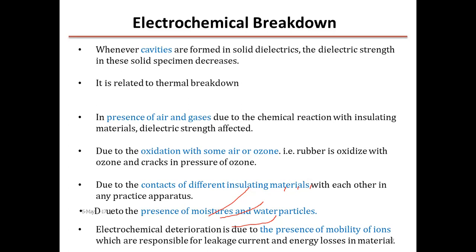Okay, these are the reasons why a chemical breakdown occurs. So the first one is the presence of air and gases due to the chemical reaction with the insulating material. Okay, the second one is the oxidation reaction, which is formed by some air or ozone.